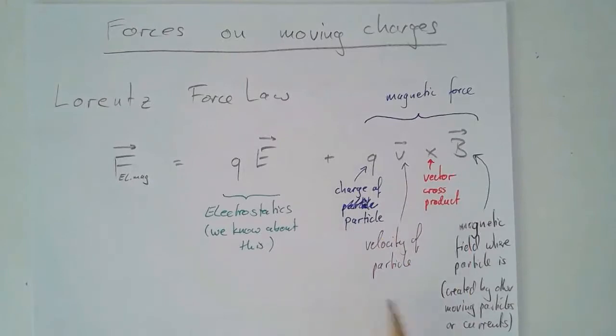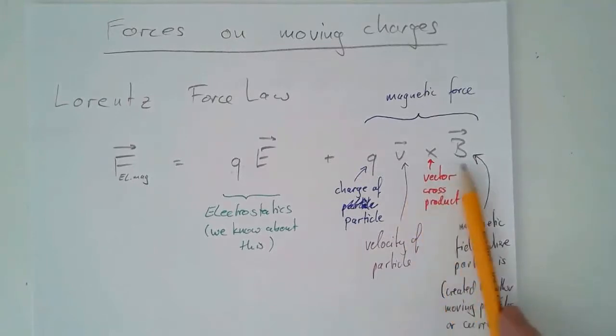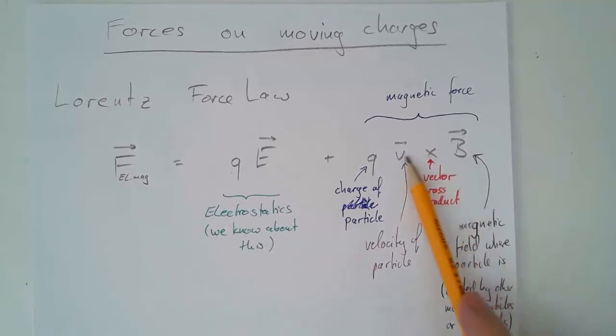So Q is the charge of the particle, the same as the electric charge that you've plugged in here. V is the velocity of that particle, the force on which we're thinking about. B is the magnetic field the particle is in, and then those two are combined via the vector cross product.